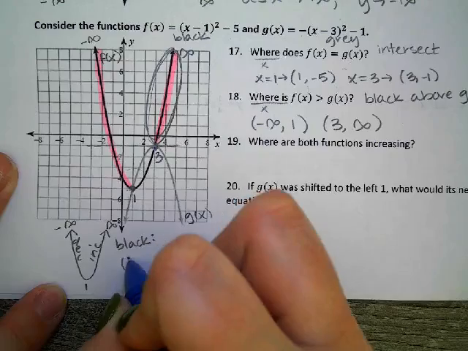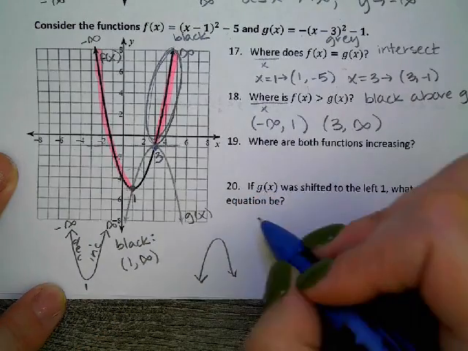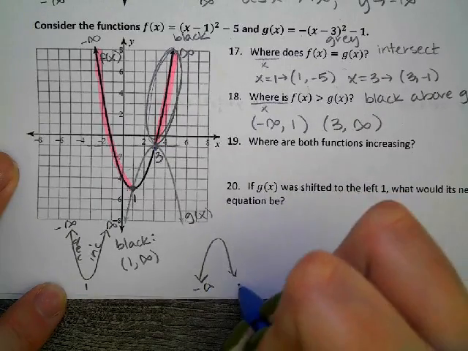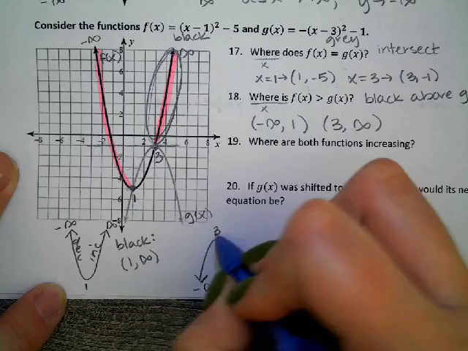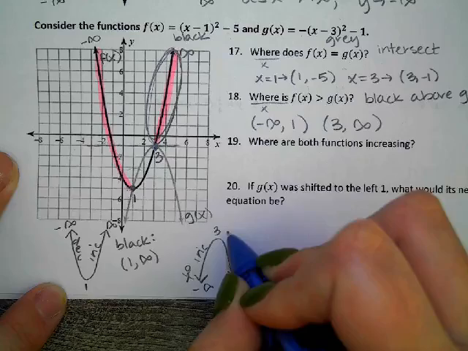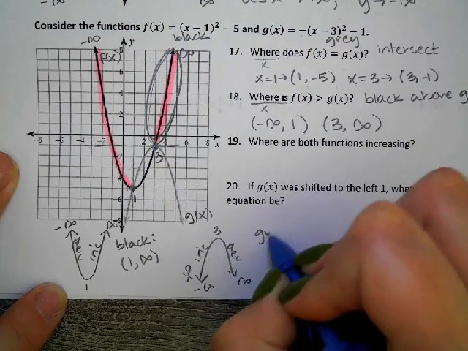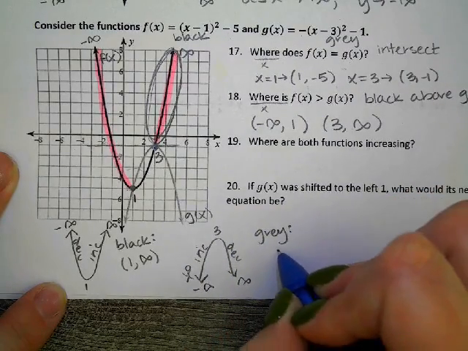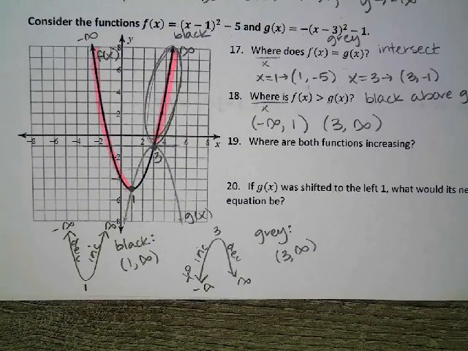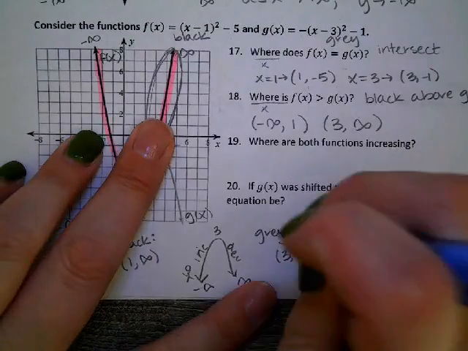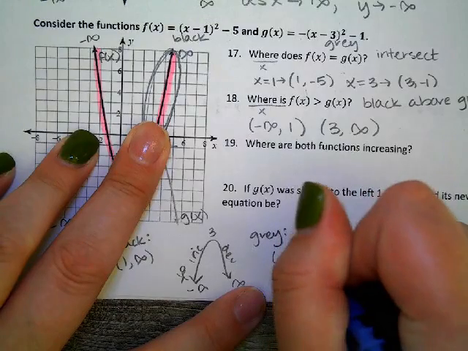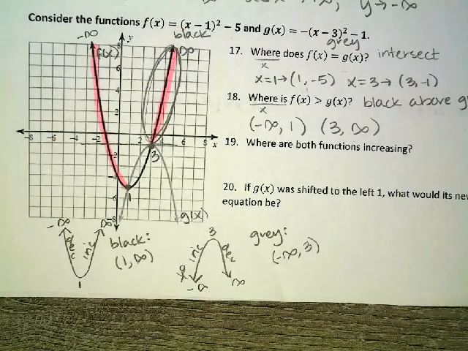The gray graph, walking uphill, walking downhill. The decreasing answer, increasing answer. So the black graph is increasing from 1 to infinity.